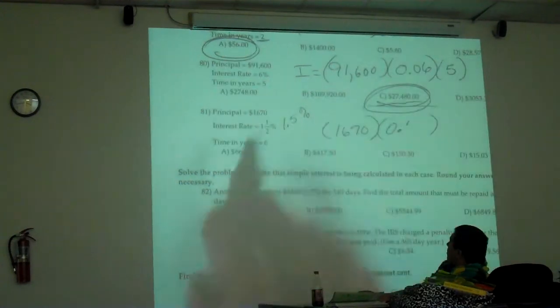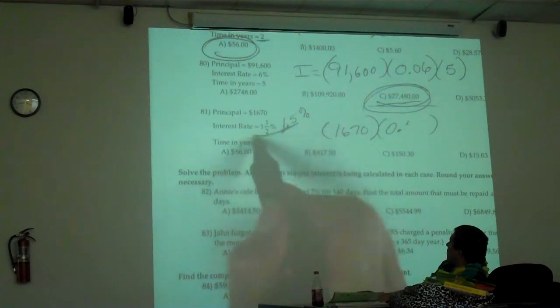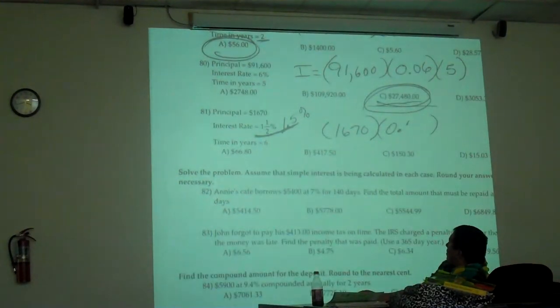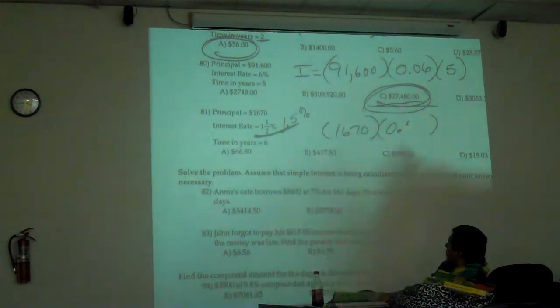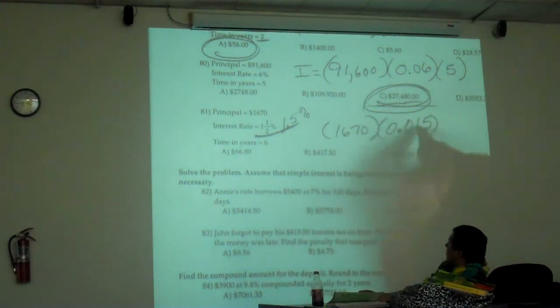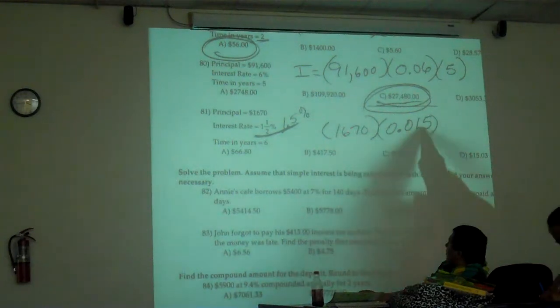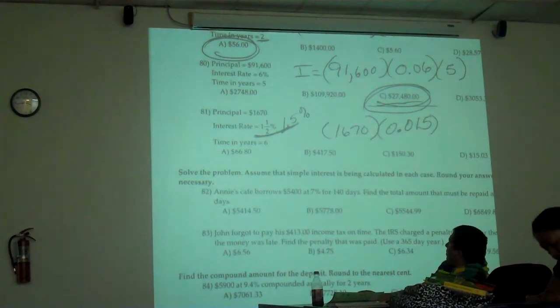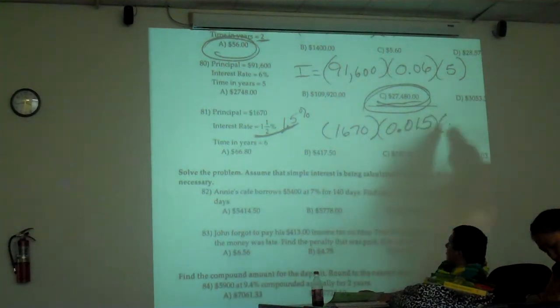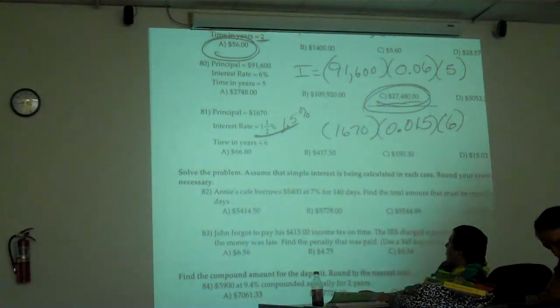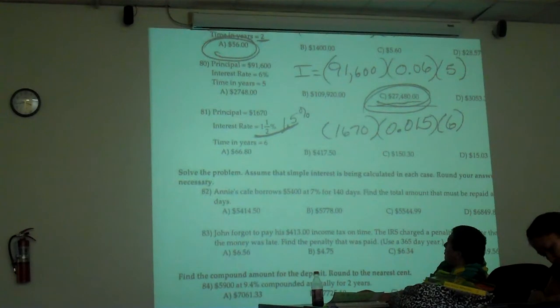Number 81. We're doing 1.5%. 0.015. We had to move it back 2 times. Time in years is 6. Multiply those numbers.